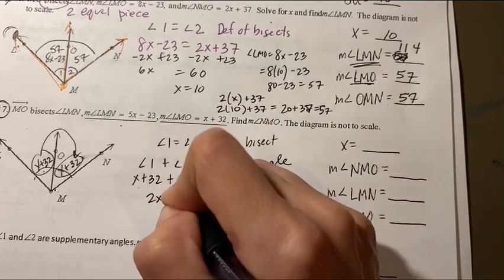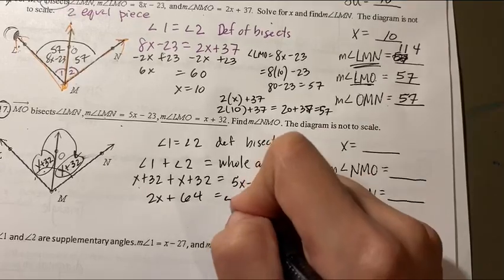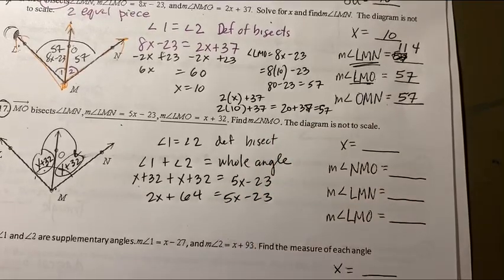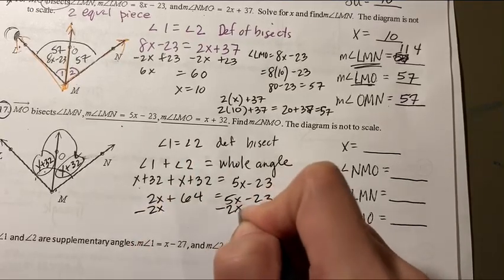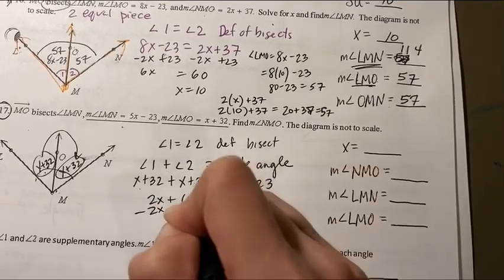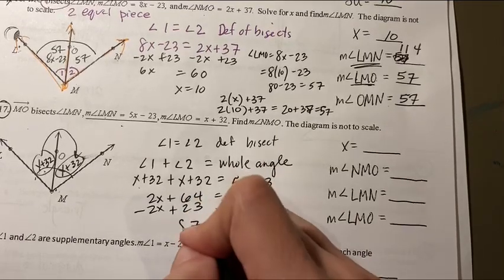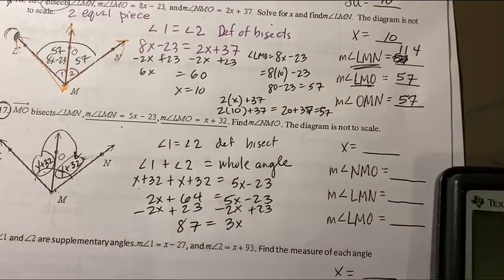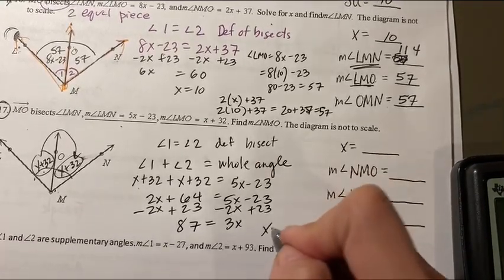Okay, so let's solve this one. All right. Minus 2x, we get 3x. All right, 87 divided by 3, we get 29. Okay, so x is 29.